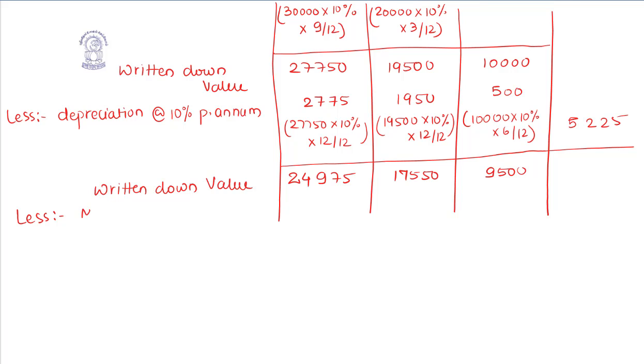Sale proceeds, machine sold. Out of 30,000 of machine, only one third, that is 10,000 of machine, is sold. That is one third.